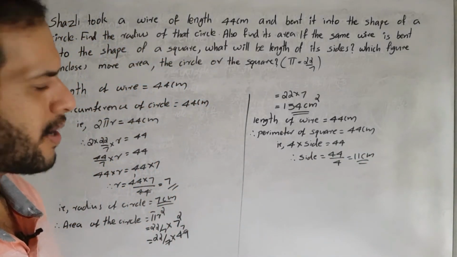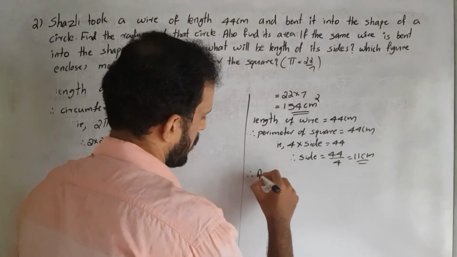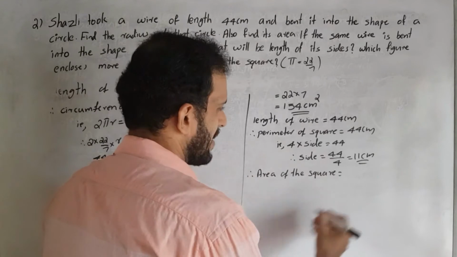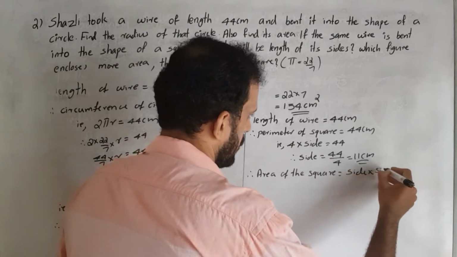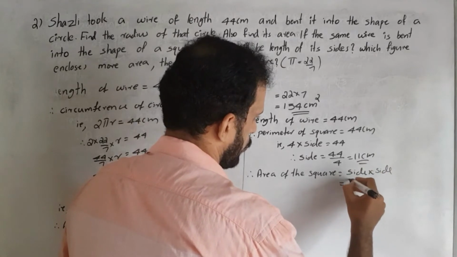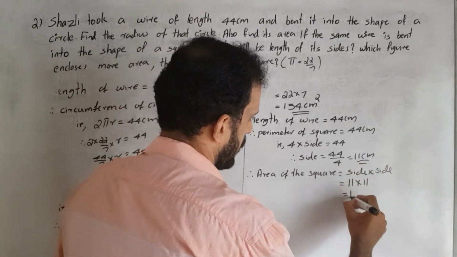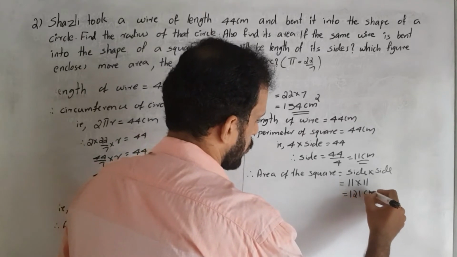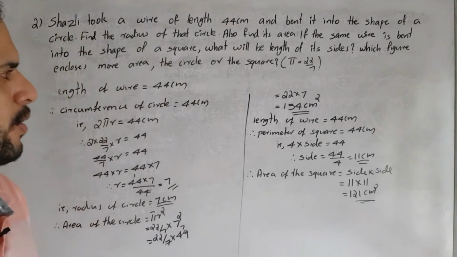Then it is possible to find the area. Therefore the area of the square is equal to side into side, correct? Side into side is equal to 11 into 11. What is 11 into 11? 11 into 11 is 121 square centimeter.